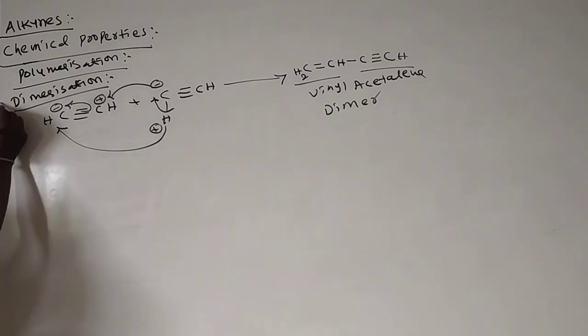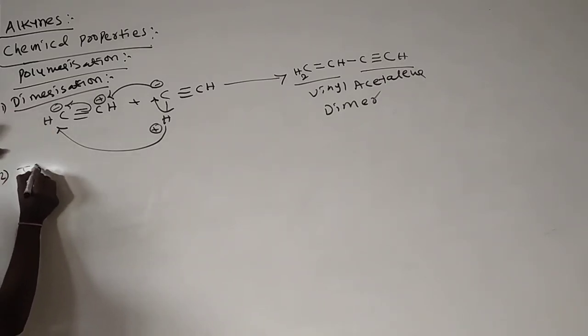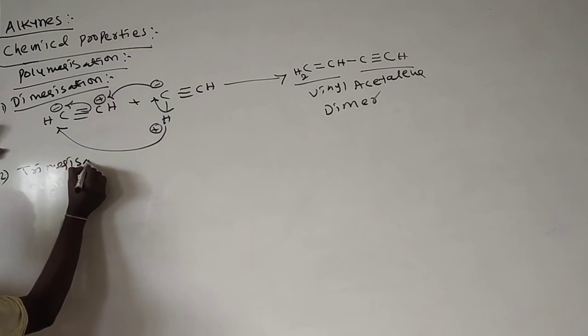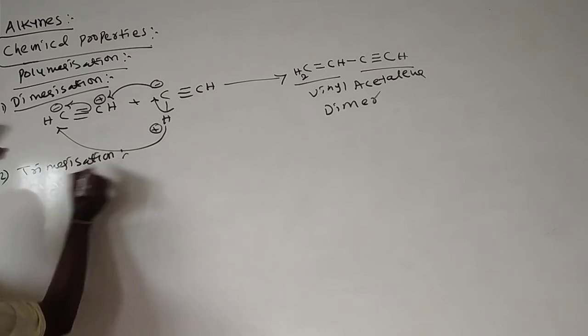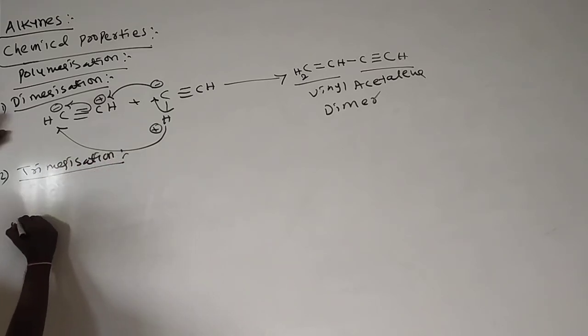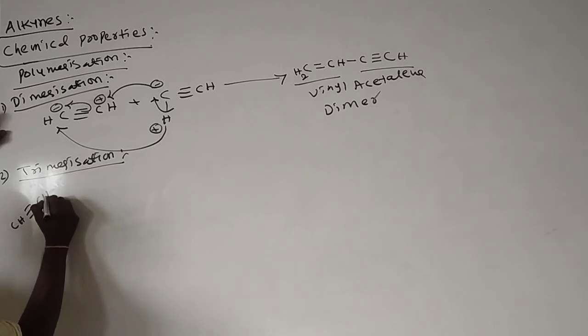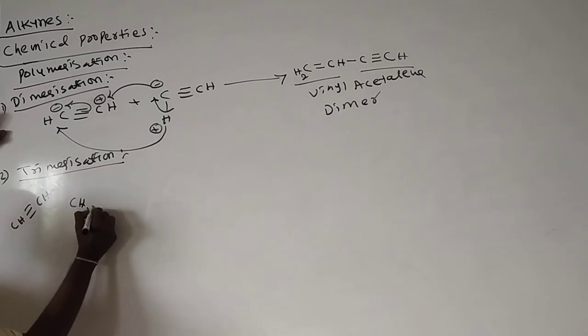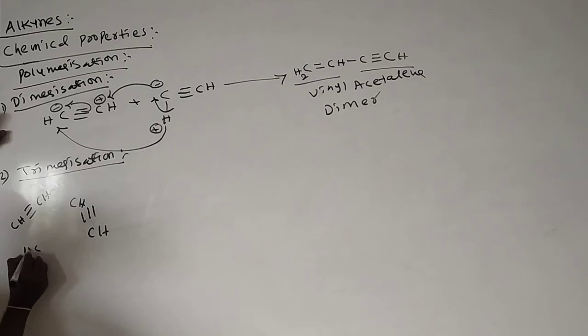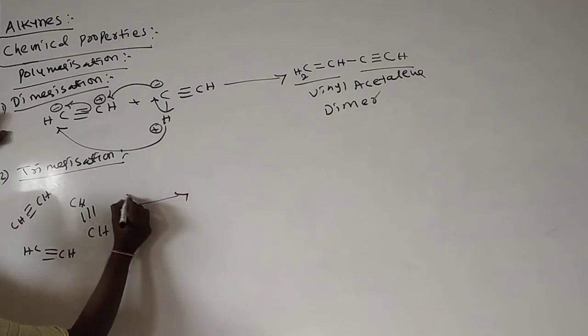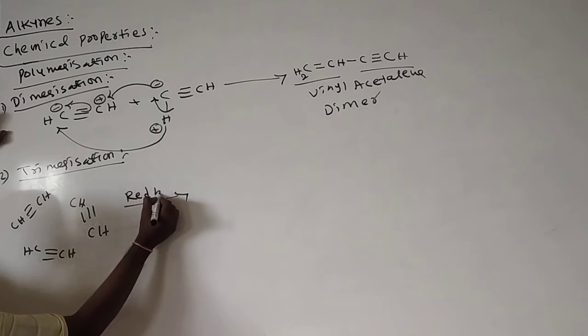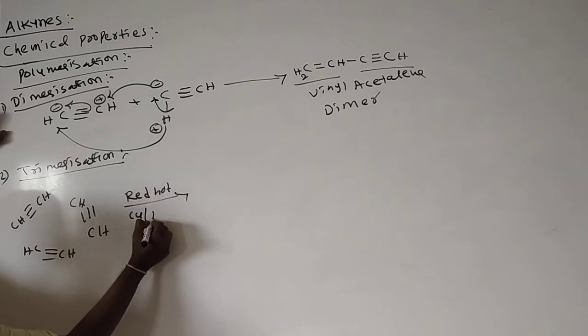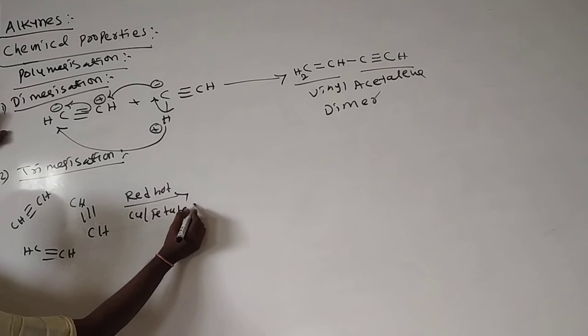First one, dimerization. Second one, trimerization. Trimerization means you take 3 moles of acetylene. These are the 3 moles of acetylene: 1, 2, 3. Pass through red hot copper tubes or iron tubes.